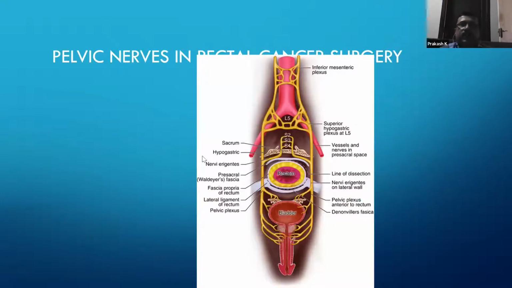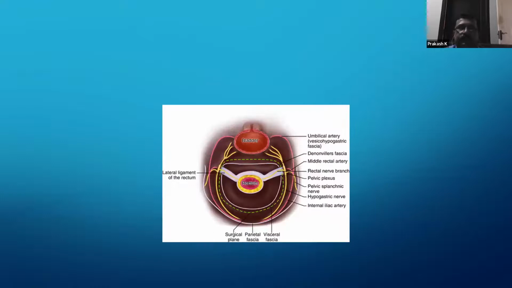And these are the different areas at which you can injure: one is at the IMA level, the inferior hypogastric plexus, and then when the nerves cross down to the pelvic brim, and then as you enter the true pelvis, and then the point I described anterior to the seminal vesicle, and then anteriorly. So these are the points where we should be careful while you dissect the rectal tumor to prevent an injury.